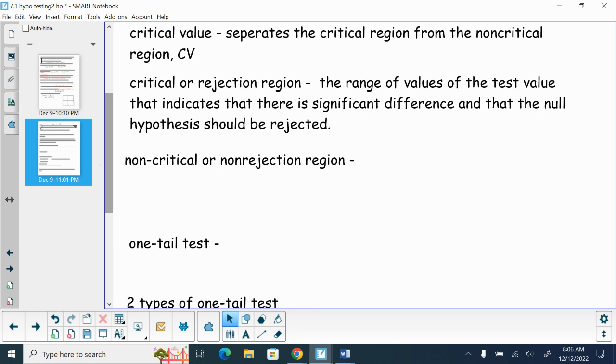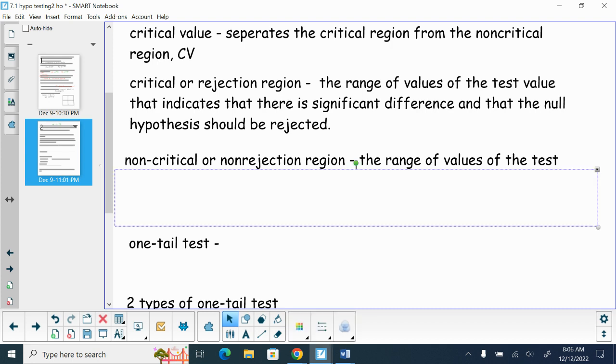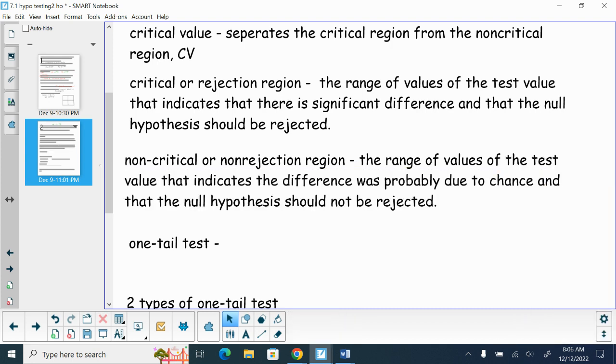Your non-critical or non-rejection region is going to be the exact same thing. The only thing that's changed is that it's the range of values of the test value that indicates a difference was probably due to chance, and the null hypothesis should not be rejected.